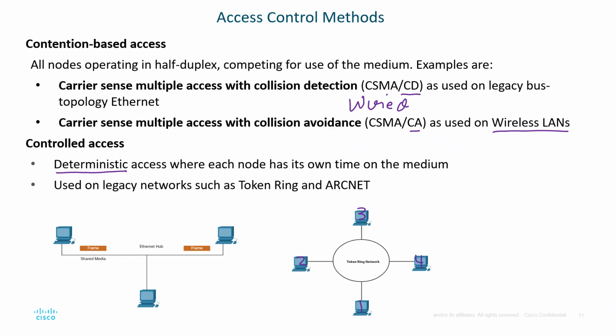While I possess that voltage signal, I can send my information. 1 would get the token first, 1 sends its information, and when it's done, it automatically goes to 2. If 2 has nothing to say, fine, it just passes it along to 3. But it is determined who is next in sequence. This is used on legacy networks such as token ring and ArcNet. So again, this is my bus topology, and this is my token ring network.